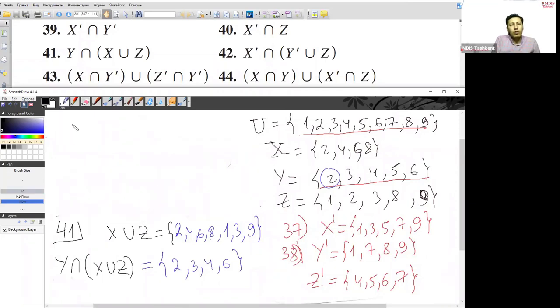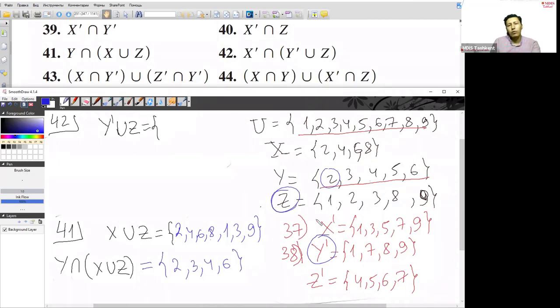So 42. We should find y complement union z first. The bracket first. So it's between complement of y here and z here. So we have to unite them.